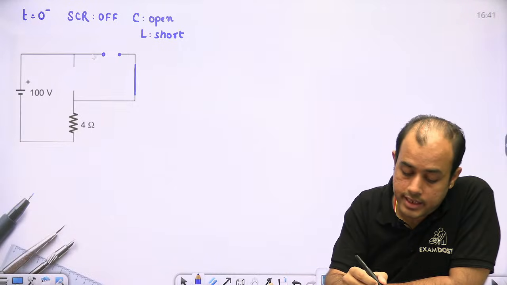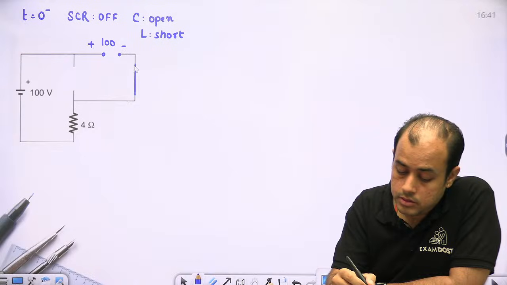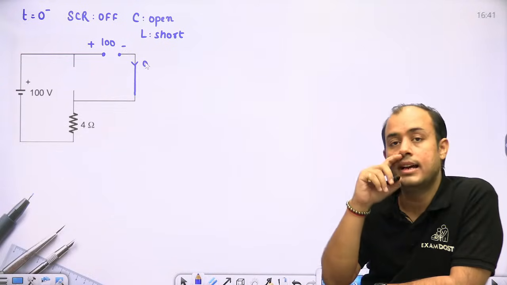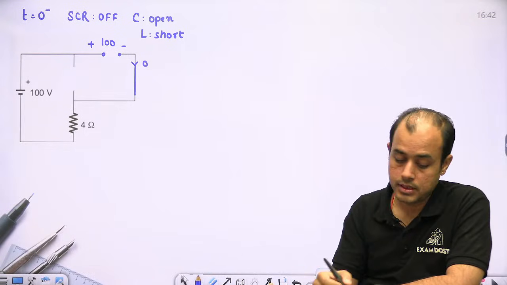So in this circuit beta, there is no current flow. So current here is 0, and the entire supply voltage appears across the capacitor.